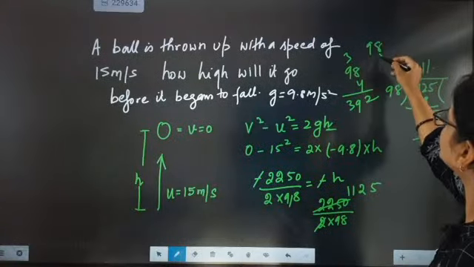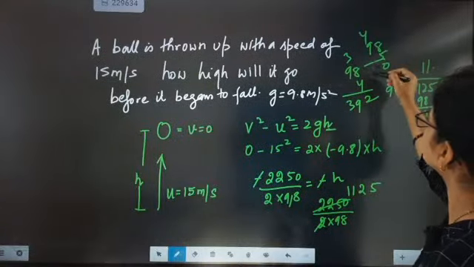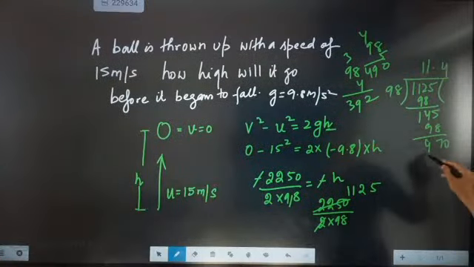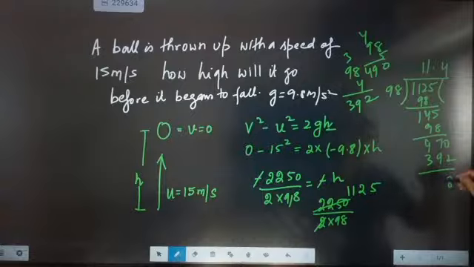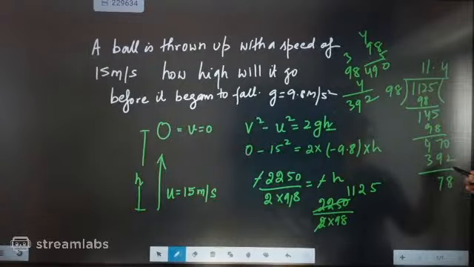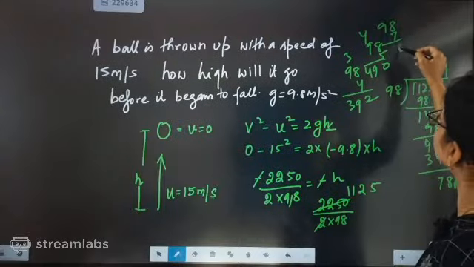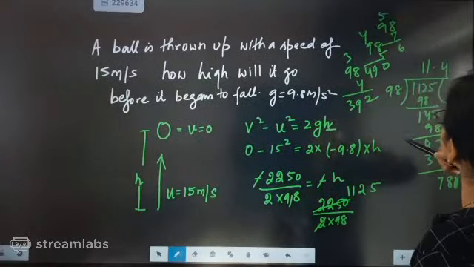Now 98 times 5: 5 8s are 40, 5 9s are 45, 49. So it is exactly going to come as 4392. So 10 minus 2 is 8. Then 16 minus 9 will be 7. So 78, this much is coming. So 98, 7s are 7, 8s are 56, 7 is 63.